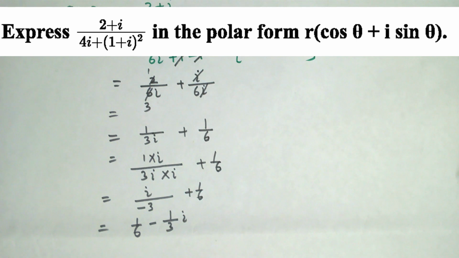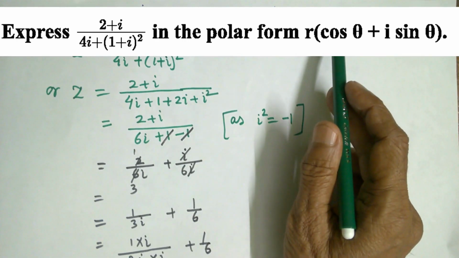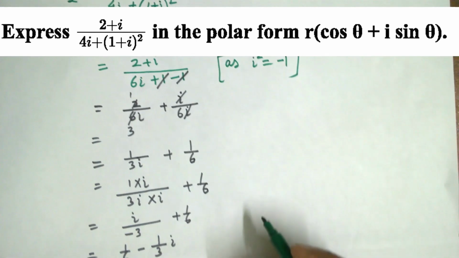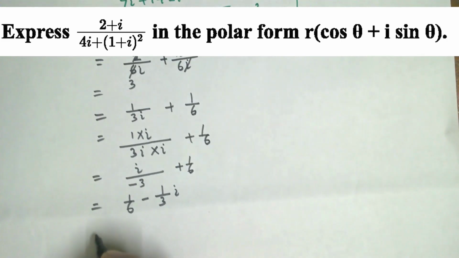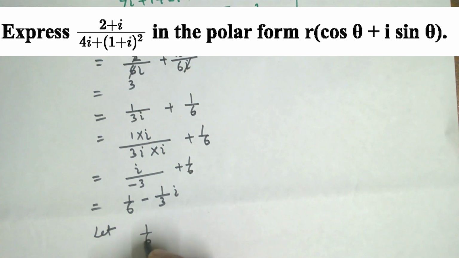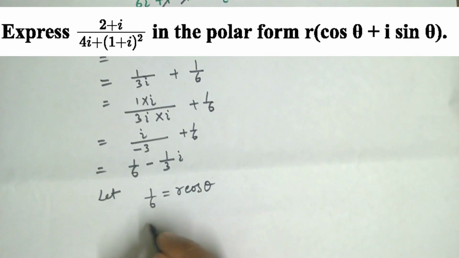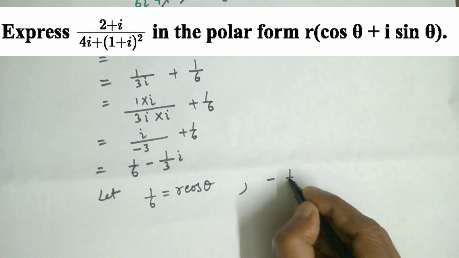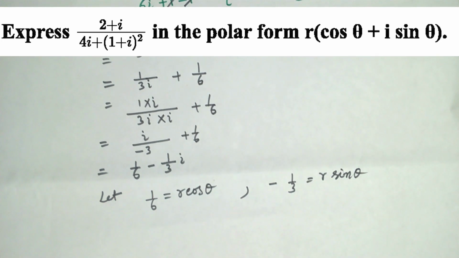Now to express this in the form r(cos θ + i sin θ), we assume that 1/6 is equal to r cos θ and minus 1/3 is equal to r sin θ.